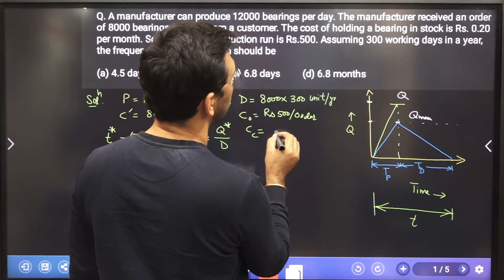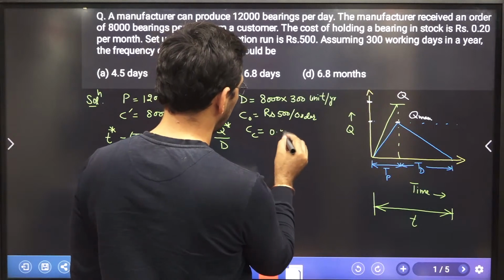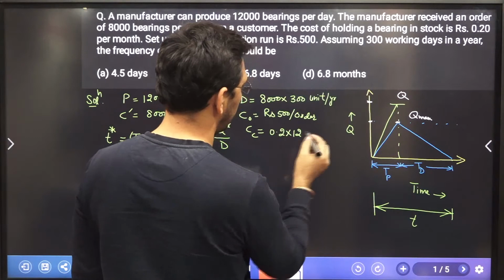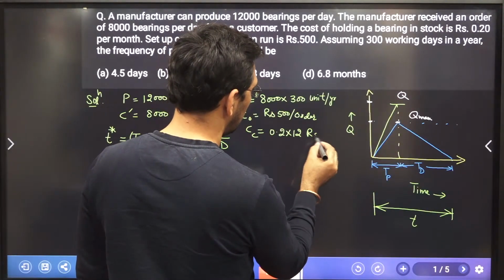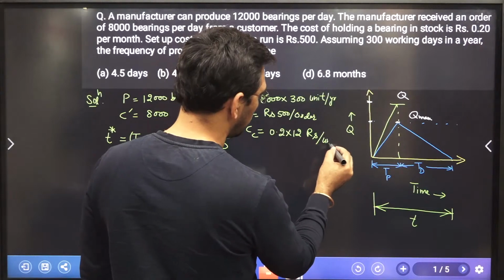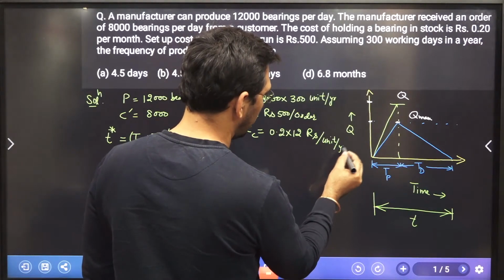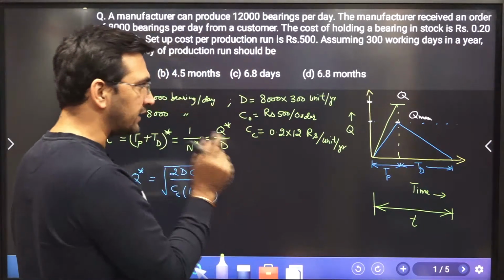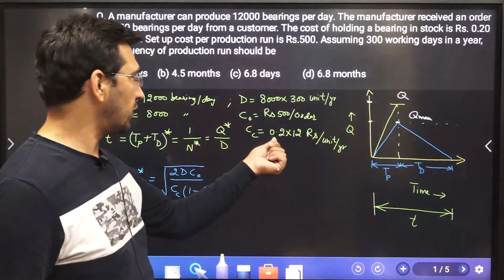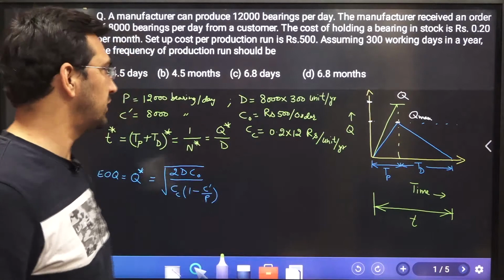So this becomes 0.2 into how much? 12. So 12 months in a year. So this becomes this much rupees per unit per year. That means to carry 1 unit as inventory for a whole year, how much do you have to spend? You have to spend 2.4 rupees. That is the meaning of this.